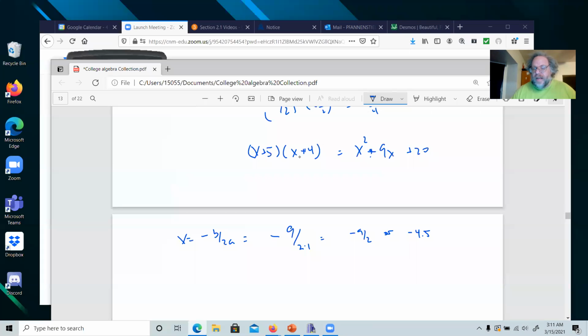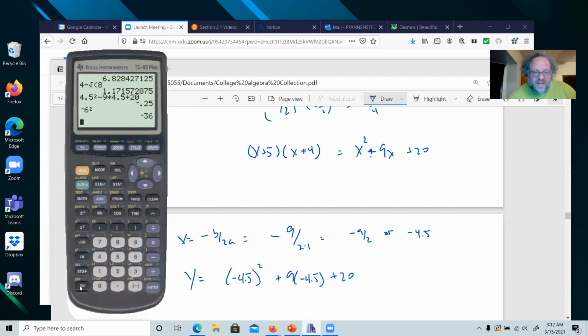Let's go ahead and plug in negative 4.5 into my function, right? So y equals negative 4.5 squared plus 9 times negative 4.5, plus 20. Now let's see what we get. All right. So what do we have? Negative, well, let's do it this way. We have negative 4.5 squared.